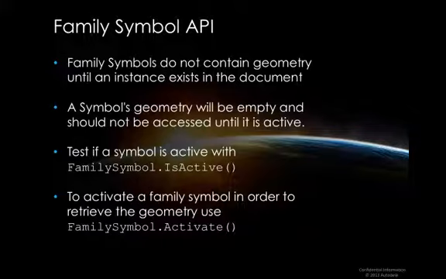In Revit 2014, for the sake of efficiency, family symbols will not automatically generate any geometry until an instance of the symbol actually is placed in the document. So a symbol geometry will be empty and should not be accessed until it's active.